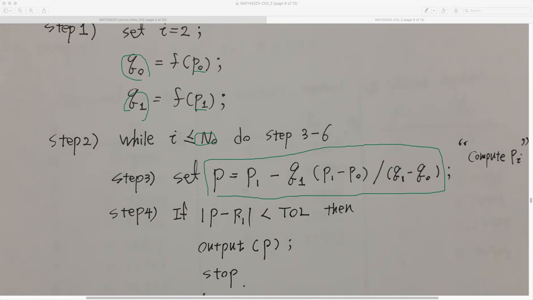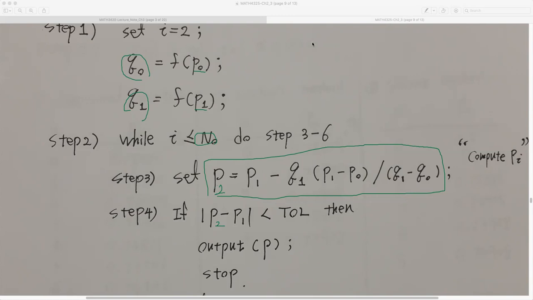And then we measure the absolute error. So P2 minus P1, I'm sorry, we start from P0. So now P2 minus P1, we measure the absolute error between P1 and P2, and if that absolute error is less than tolerance, okay, then we output p and stop. Otherwise we keep going.